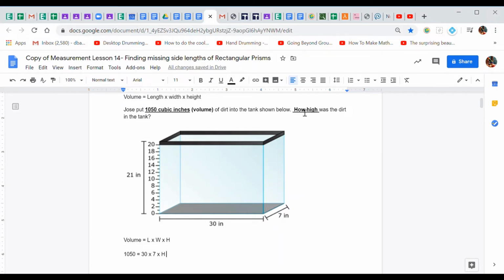The next step is that there are parts of this problem I can do to start. I can do the multiplication 30 times 7, because those are two numbers I can multiply together. It would even work if it was written like this: 30 times h times 7. That also works just fine.